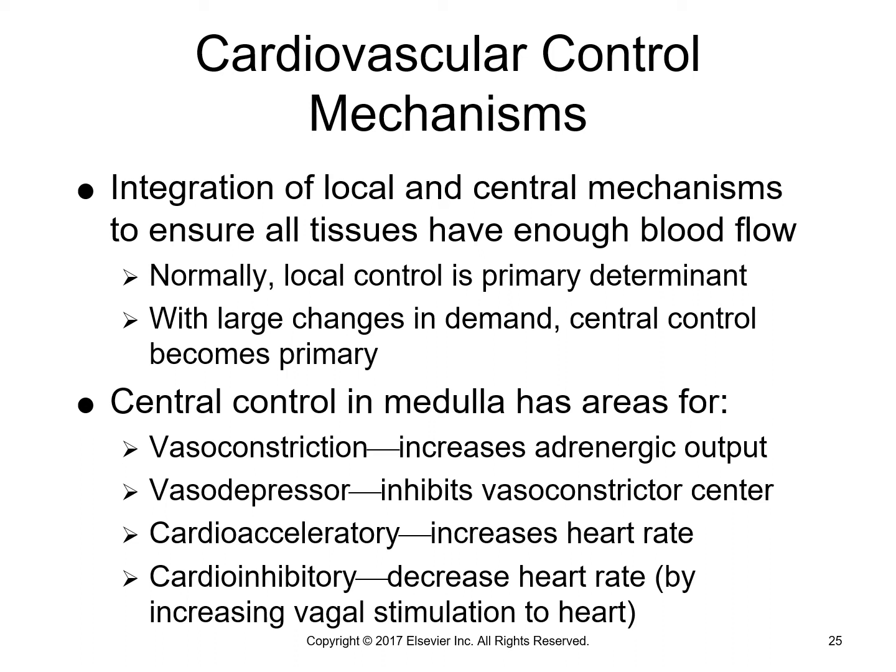The precapillary vessels are controlled by the first part there, the vasoconstrictor and vasodepressor. That's your precapillary vessels, and then the cardioaccelerator and the cardioinhibitory are more for your heart.